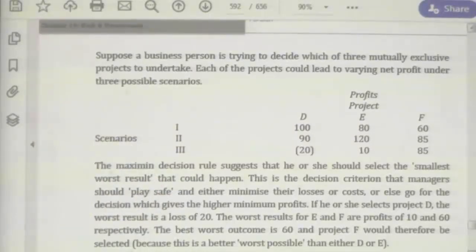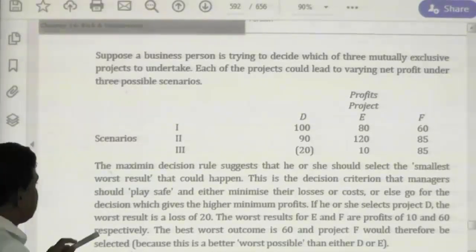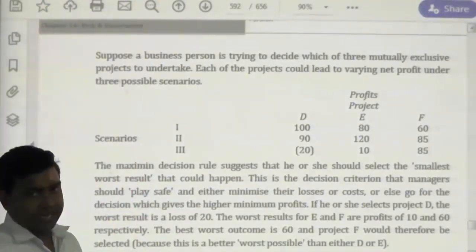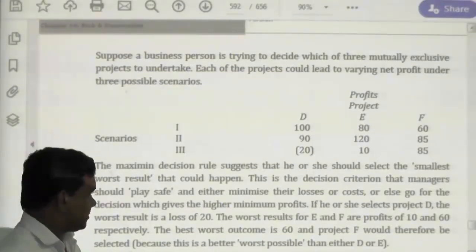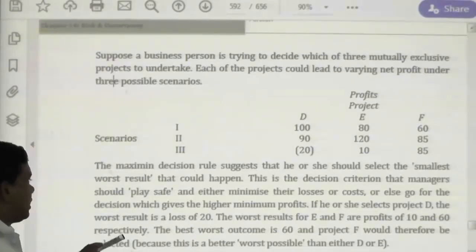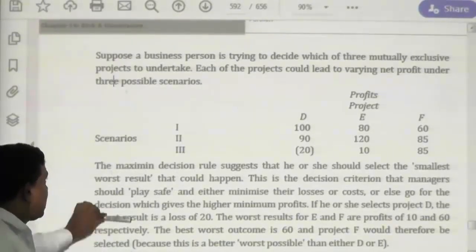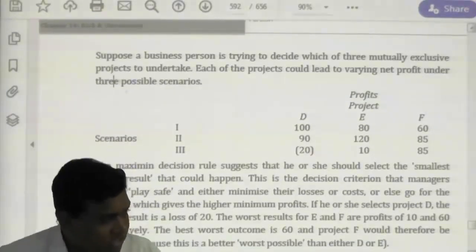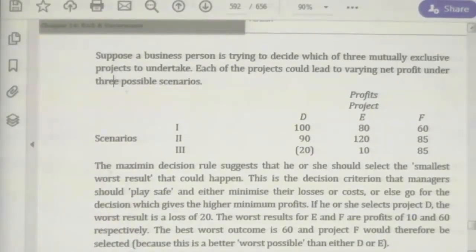Here you can't take expected value since there is no probability under the 3 scenarios. In such a situation, how can we select the best project? Here they have explained how you can select the best project using the maxi-min rule.